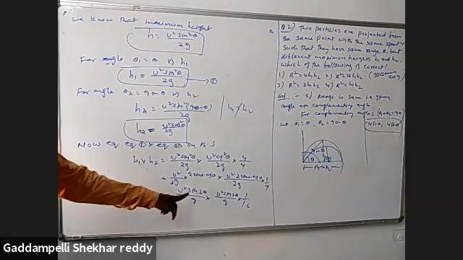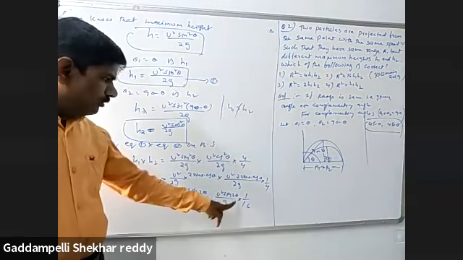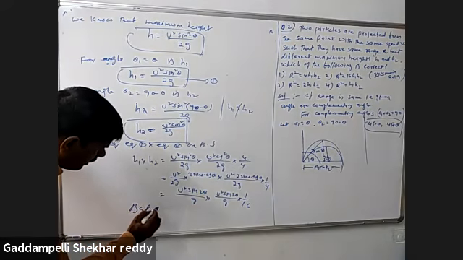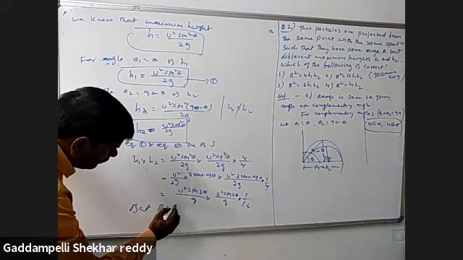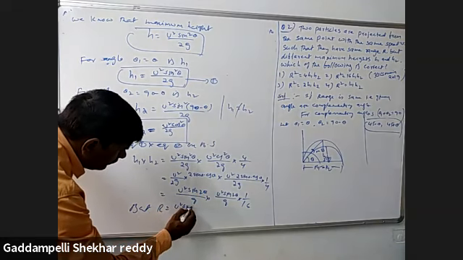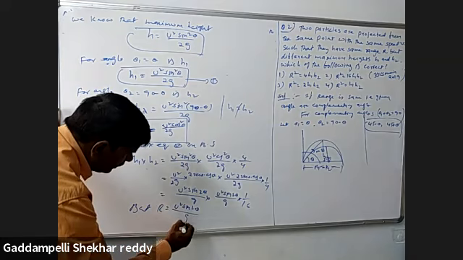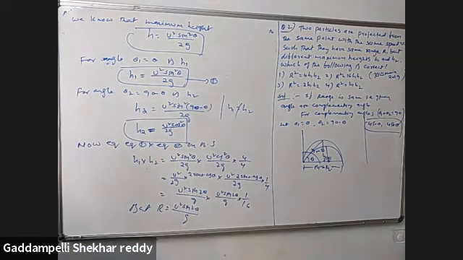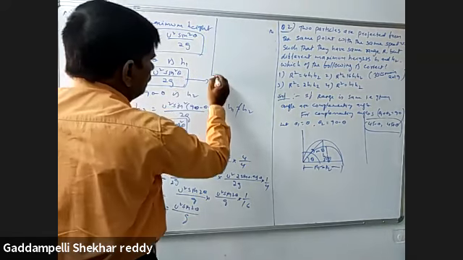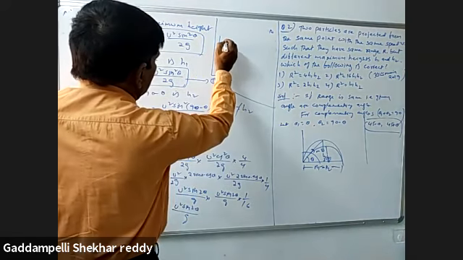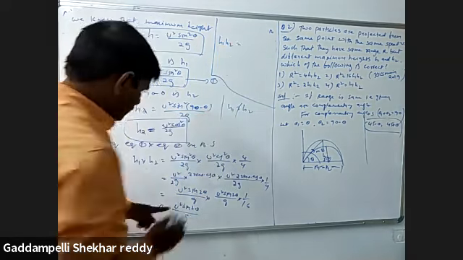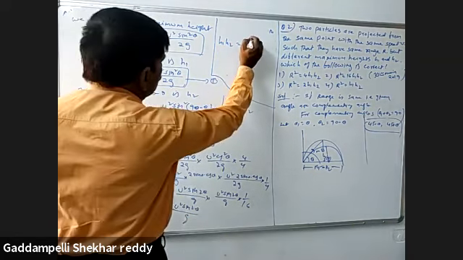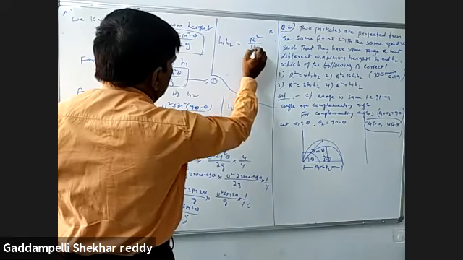We know that u square sin 2 theta by g is the range. R is equal to u square sin 2 theta by g. So this is R, this is R. Therefore h1 h2 is equal to R square by 16.